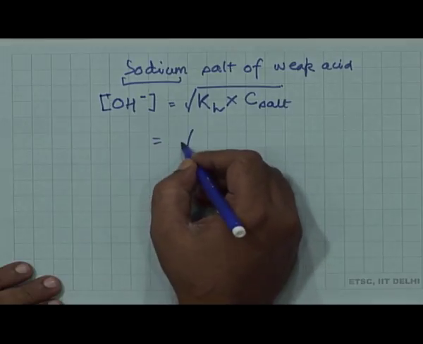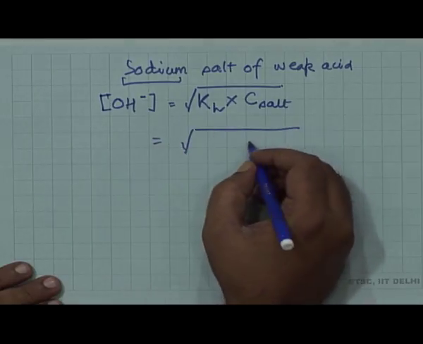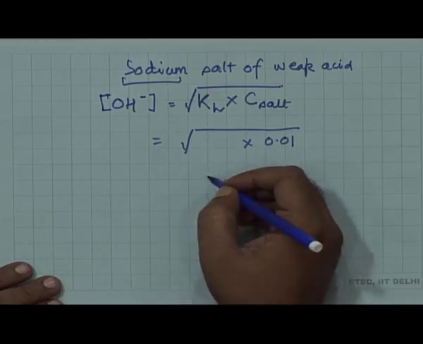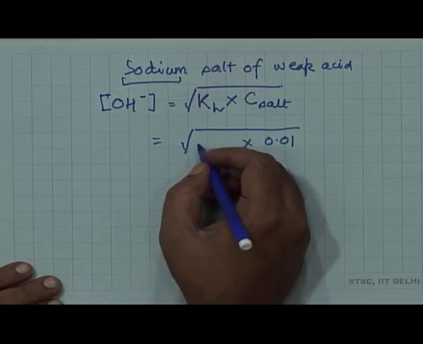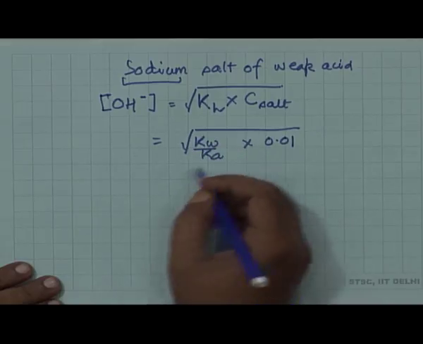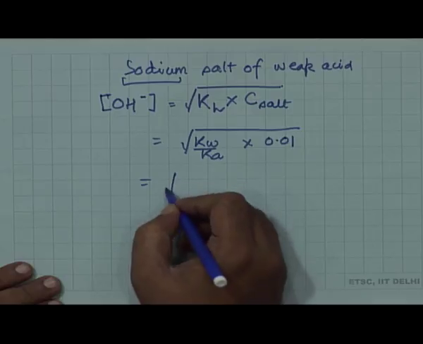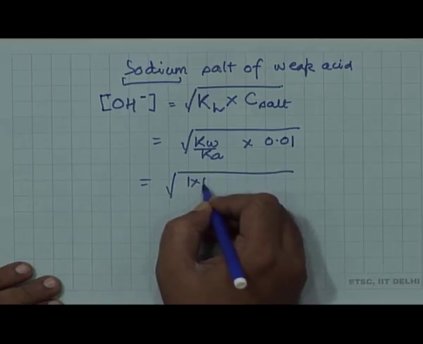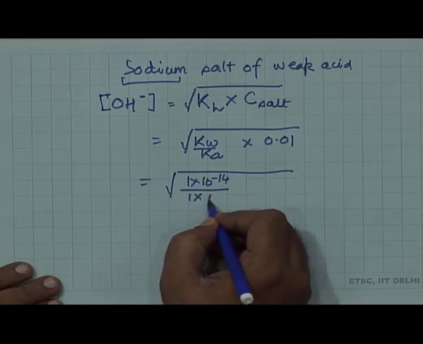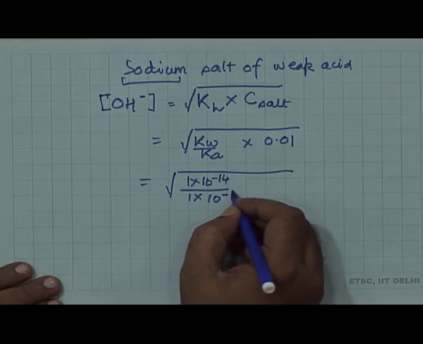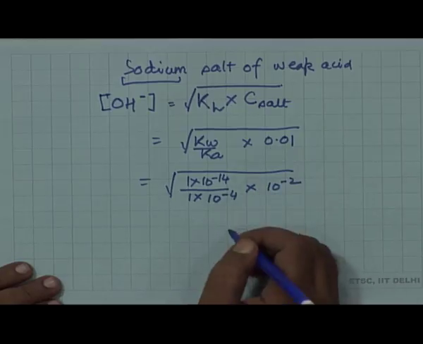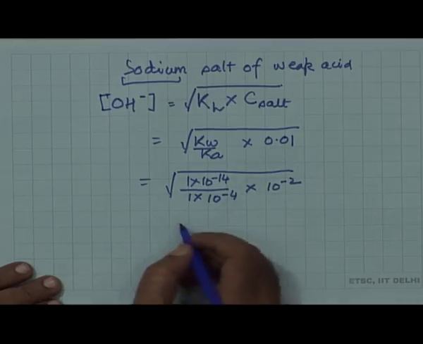And concentration of salt has been given. Concentration of salt is 0.01, and Kh again we have Kw by Ka. Kw we know 1 into 10 to the power minus 14, and Ka is given 1 into 10 to the power minus 4, into 10 to the power minus 2. 0.01 is 10 to the power minus 2.